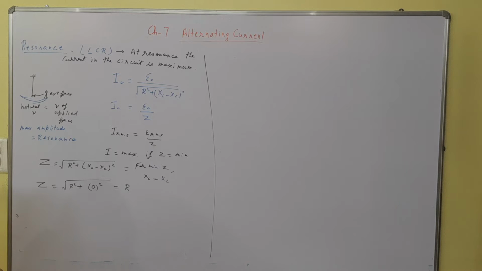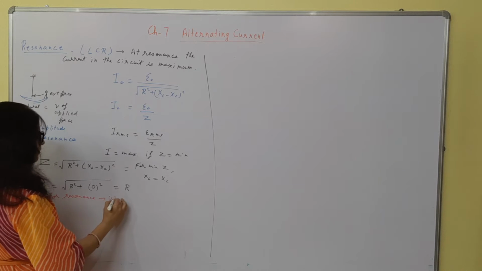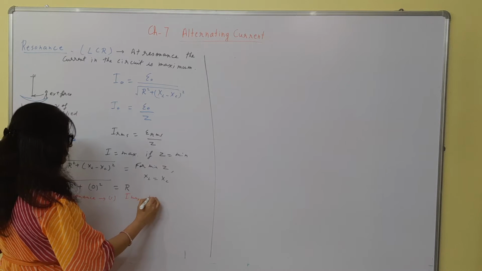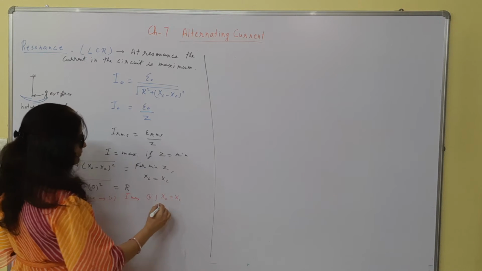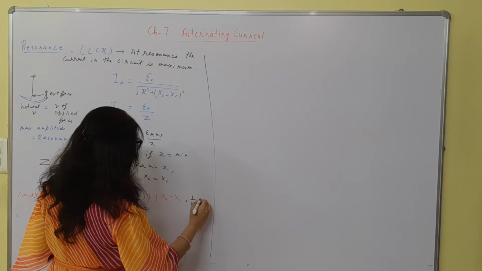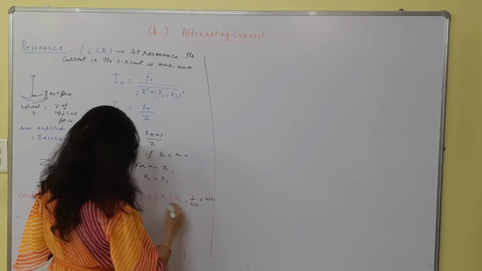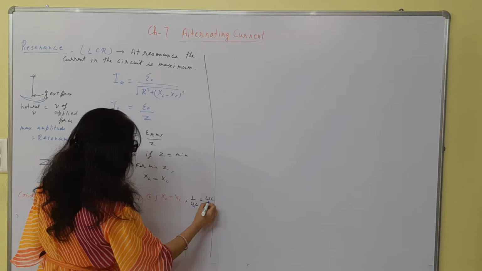So from these mathematical formulas, what would be the conditions for resonance? First thing is the current is maximum. Second thing is XC must be equal to XL. So if I write the formula for XC, this will be 1 by omega C and this will be omega L. And since we are talking about resonance, we write the suffix R for the resonant frequency.